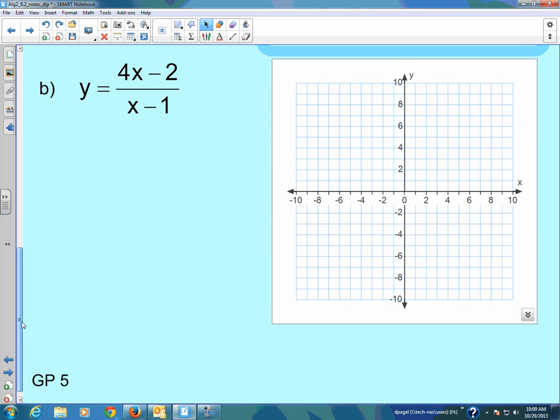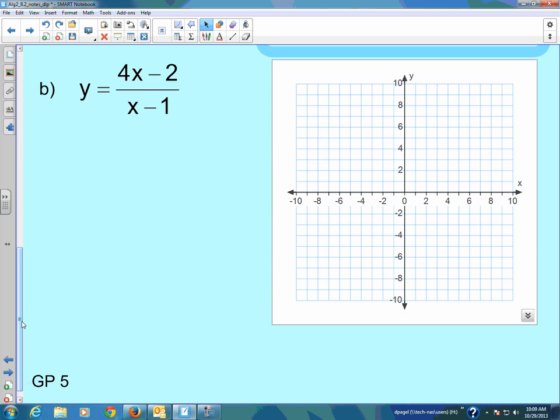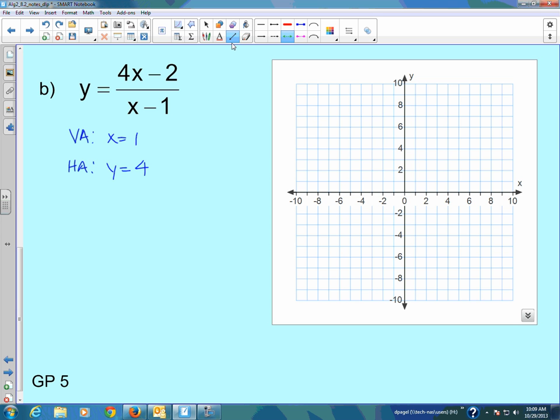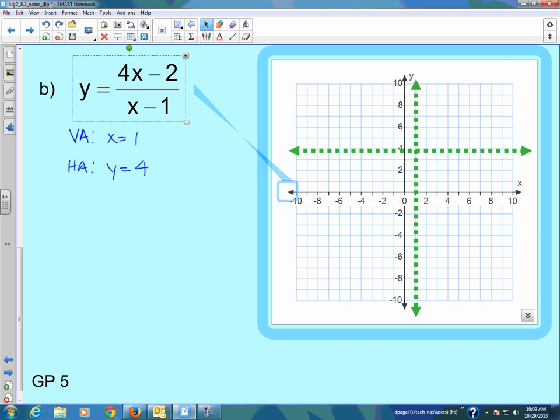All right, your turn again. Picking points to the left, picking points to the right.